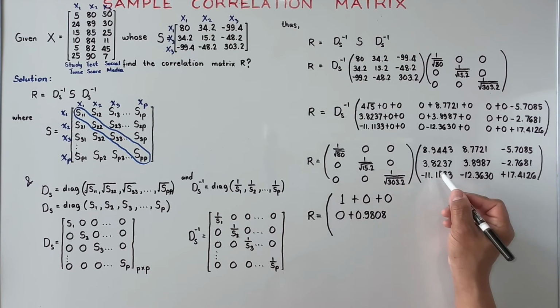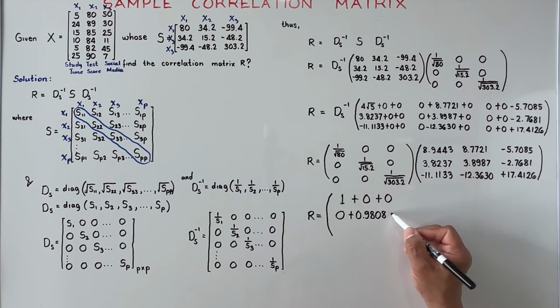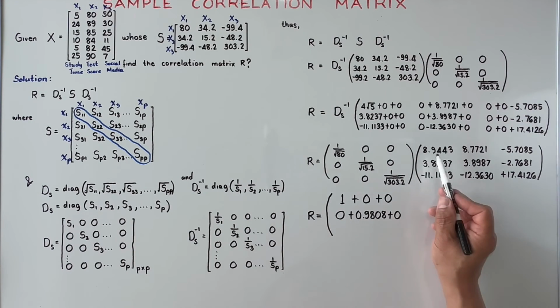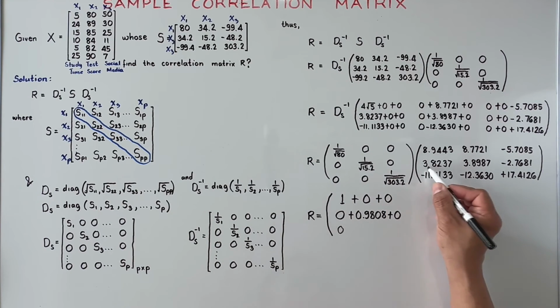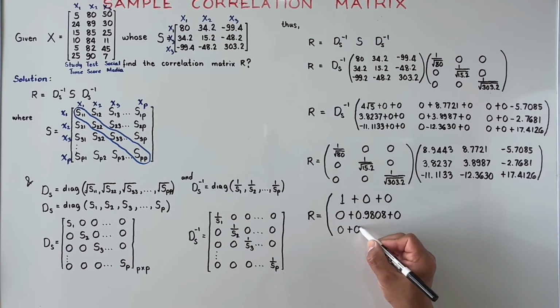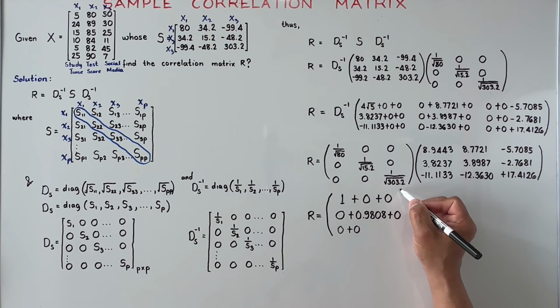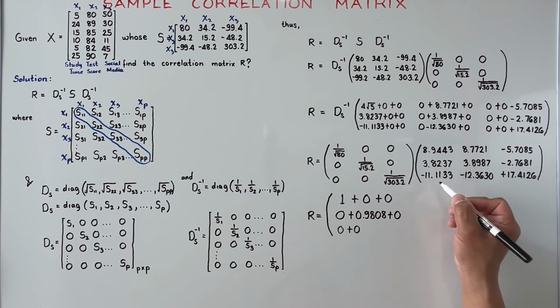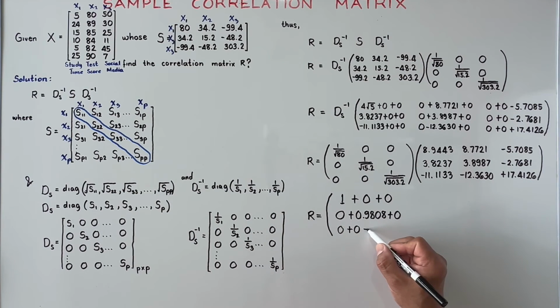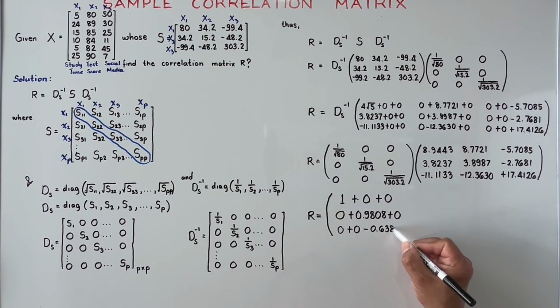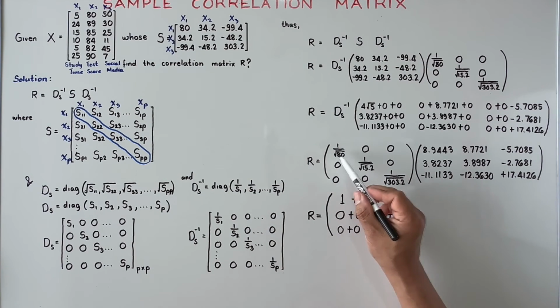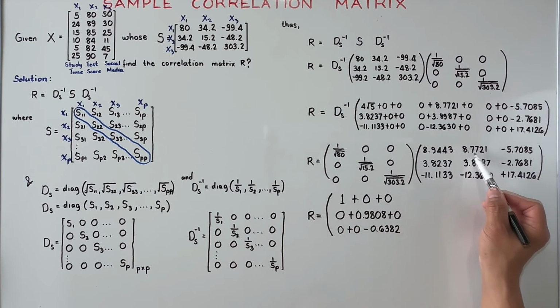And then 0 times negative 11.1133, that is 0. Also multiplying the third row by the first column, 0 times this number, that's 0. 0 times this number, that's 0. But this 1 over the square root of 303.2 times negative 11.1133, the answer is negative 0.6382.